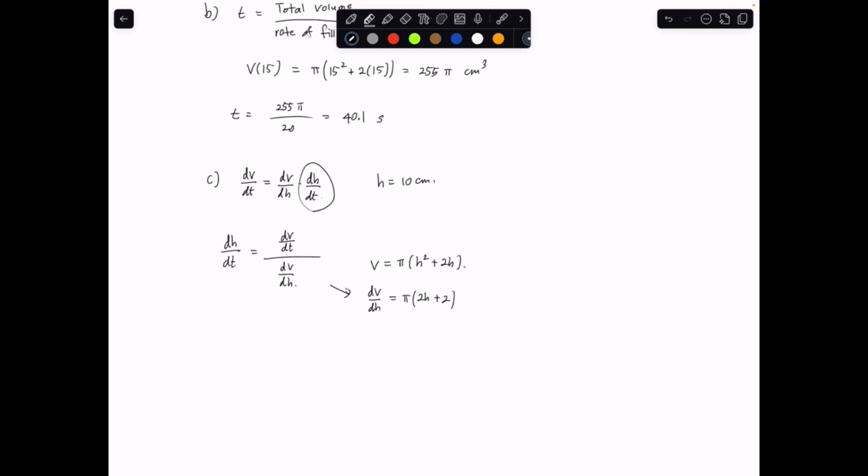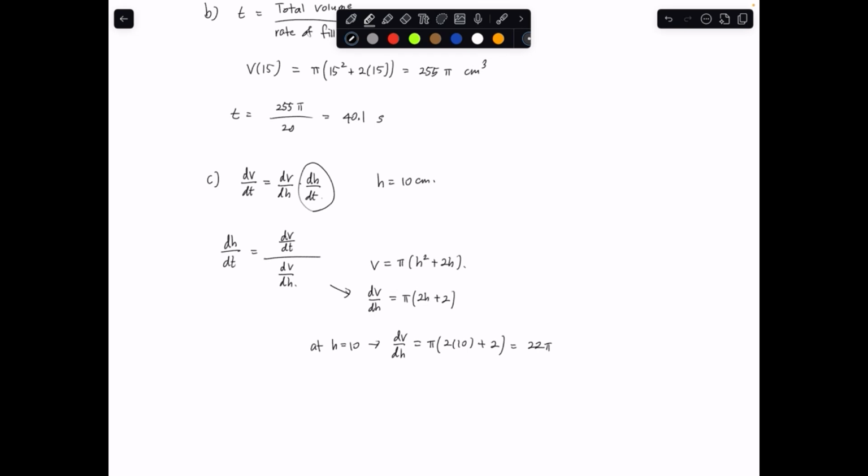And if we differentiate this with respect to h, this is what we get. And then we can plug in h equals 10. So at h equals 10, dV over dh becomes pi times 2 times 10 plus 2, that equals 22 pi.